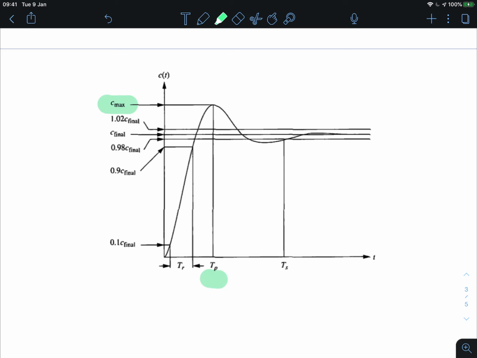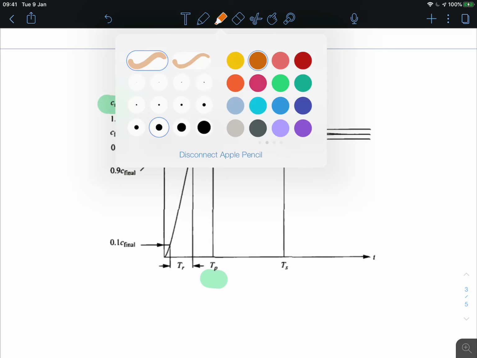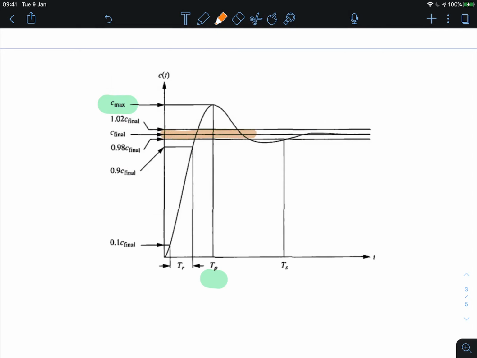And based on the Cmax value, we will compute the overshoot. Now this band that you are seeing here is the steady state region band, which is plus minus 2% of the C final value.